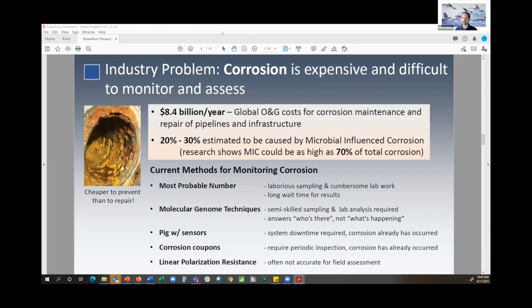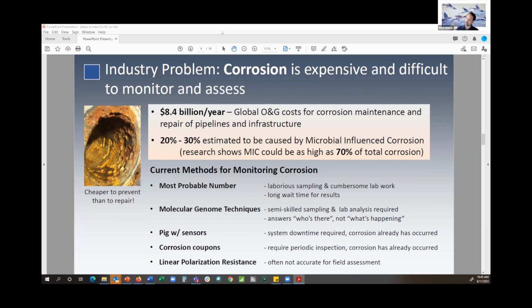There's a variety of ways I list here, but they all have their limitations. Either they take a long time, or they're very tedious, or they're very involved. Or you have the issue of, are you measuring planktonic microbes, or are you measuring microbes that are a biofilm on the inside of the pipeline? So it's really a tough process.